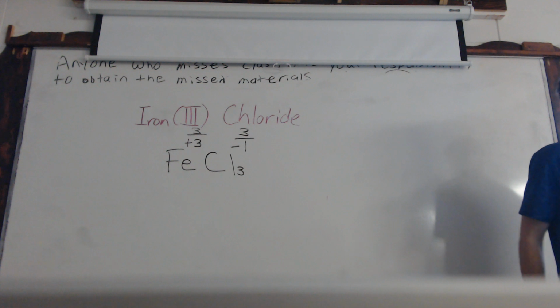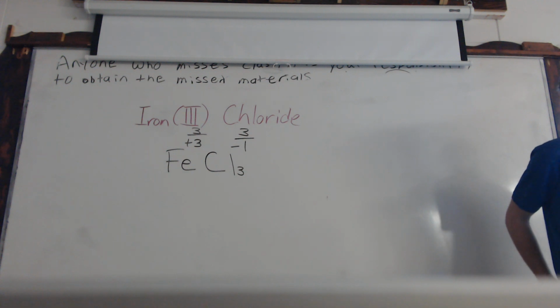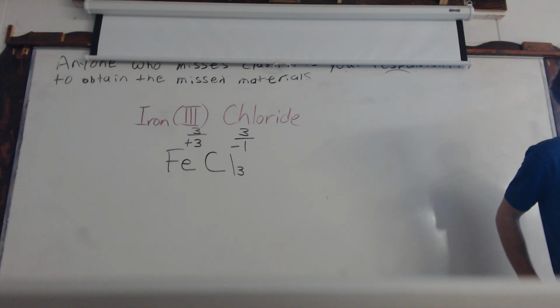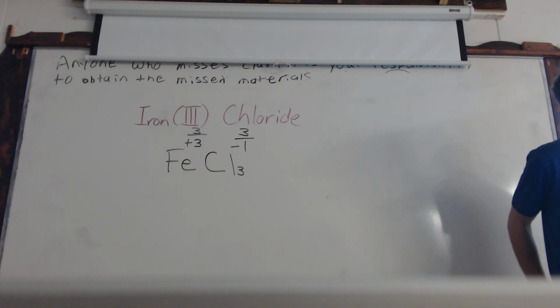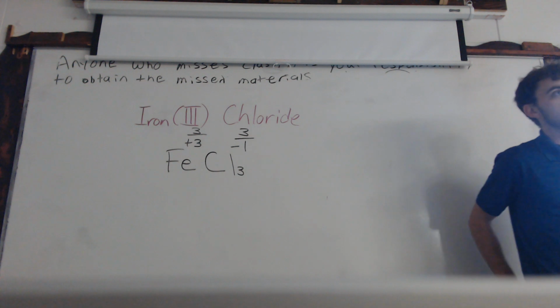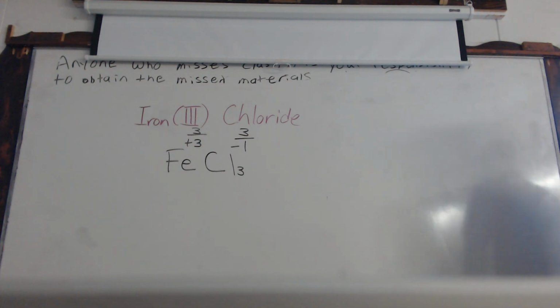But for iron, you have to do that because it can have a +2 charge or a +3. And that's why you don't have to guess. It tells you which one it is. For some of you who want to take this in college, you might say this is ferrous chloride. There's also ferric chloride. One of them is telling you it's +2, one of them is telling you it's +3. But this is by far a long way from college.